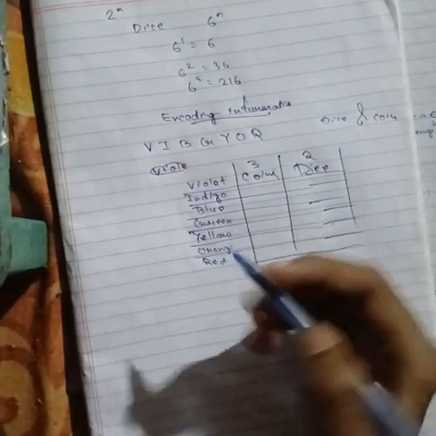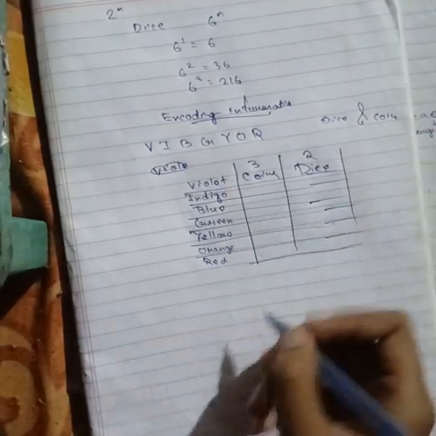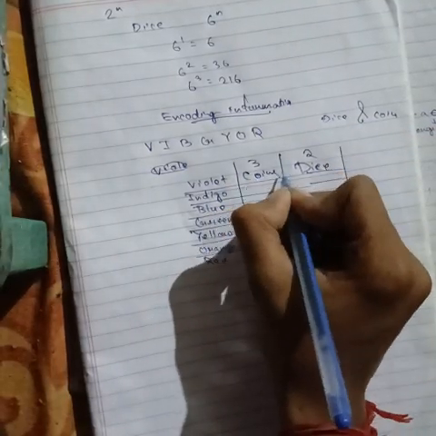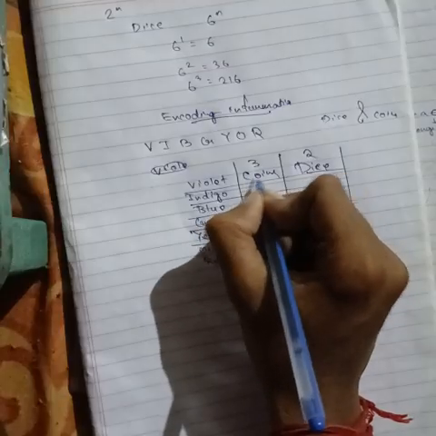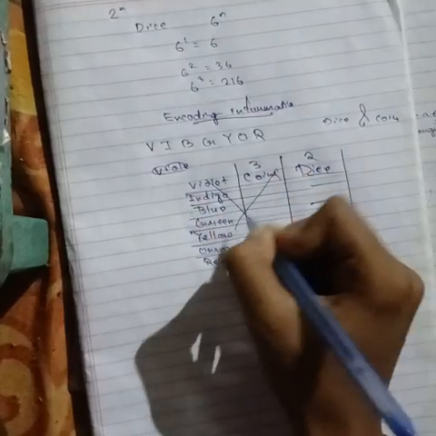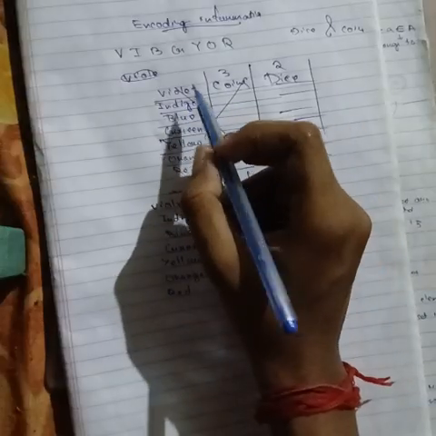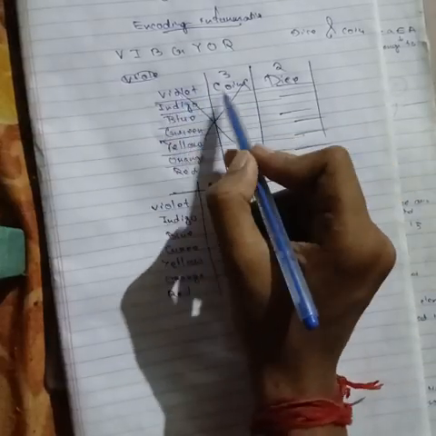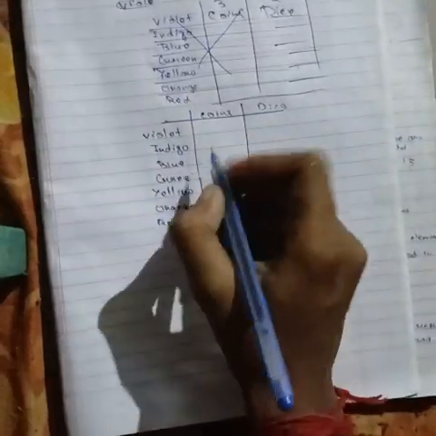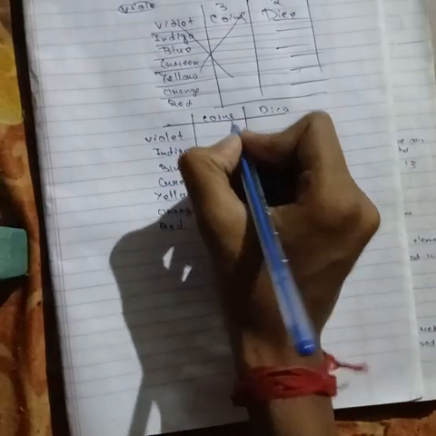So let us now represent these colors. Sorry, I made a mistake in writing the code for violet, so forget that. Now we will represent violet with 3 coins.